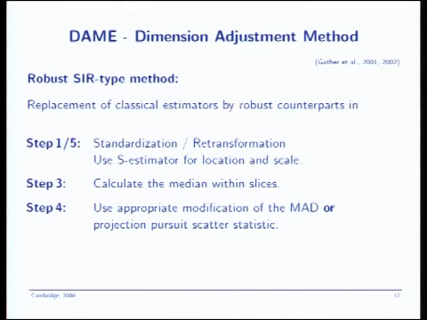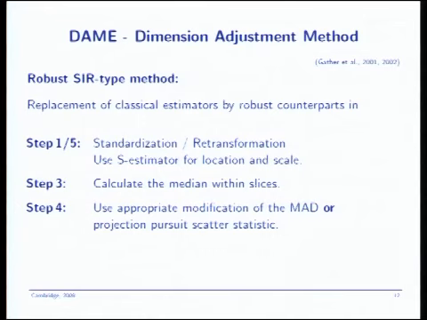And that's why it makes sense to make it more robust, and that's of course very easy because you could just use within every step the robust counterparts of the estimators which have been used within SIR.